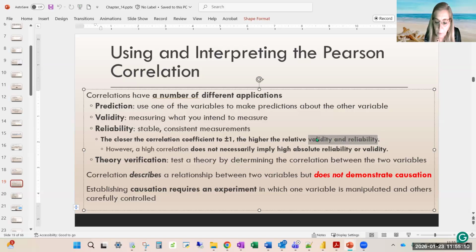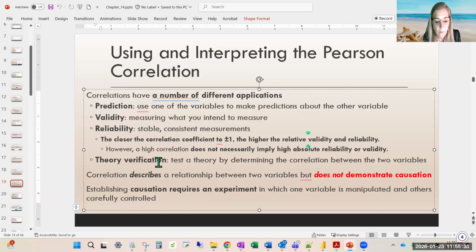So that plus or minus one, which of course was a perfect relationship, the closer we get to it, it measures both things, validity and reliability. However, a high correlation does not necessarily imply high absolute reliability or validity. You should always have room for some error, just like any other test.